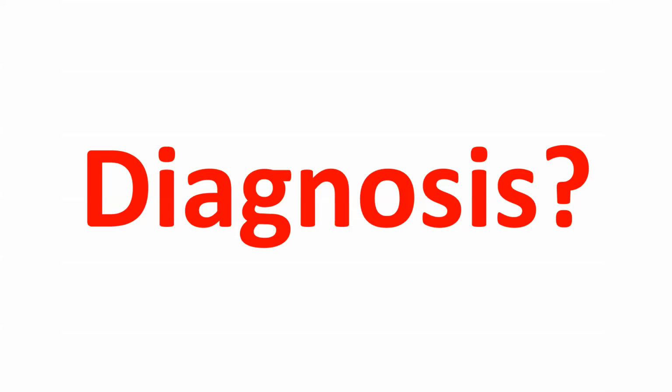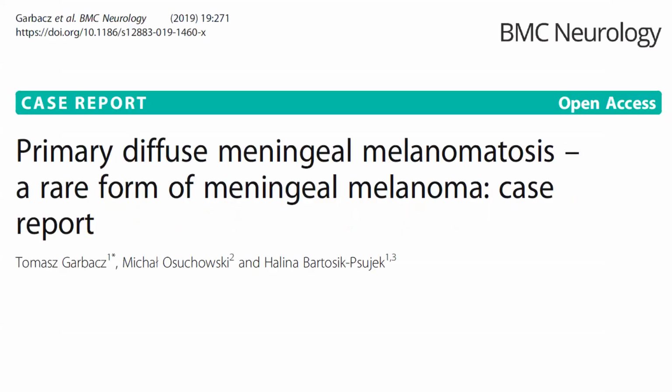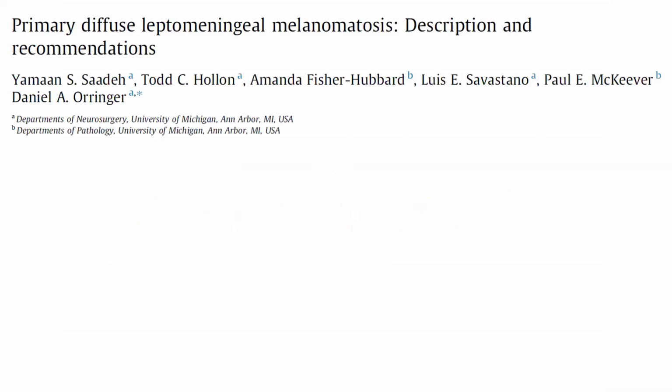It's not metastatic melanoma. It is a diagnosis of exclusion for sure, but this is not metastatic melanoma. What is it? Okay, Sergio, meningeal melanomatosis. Yes, that is correct, but let's give it a slightly different name. Primary diffuse meningeal melanomatosis, a rare form of meningeal melanoma, case report.